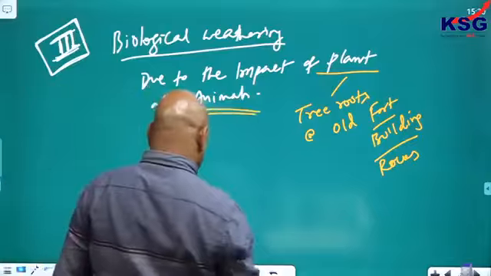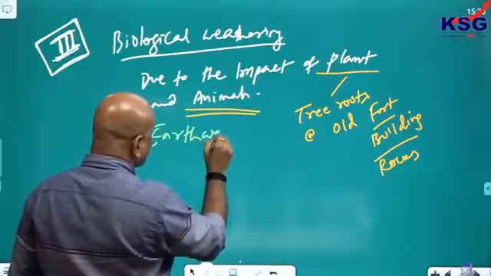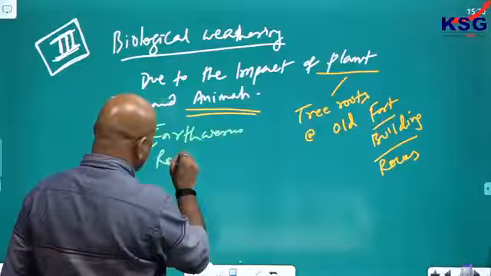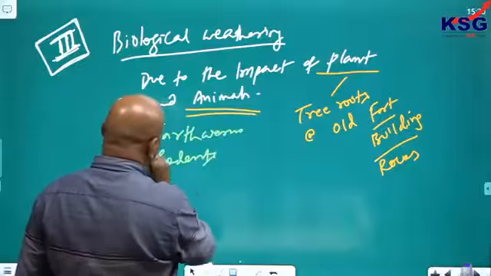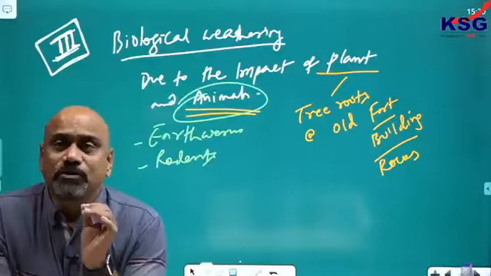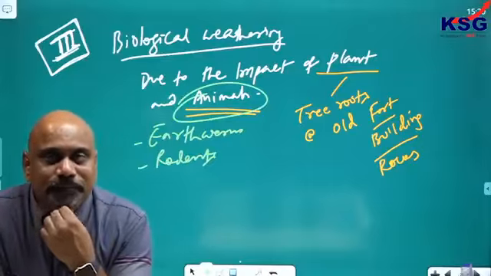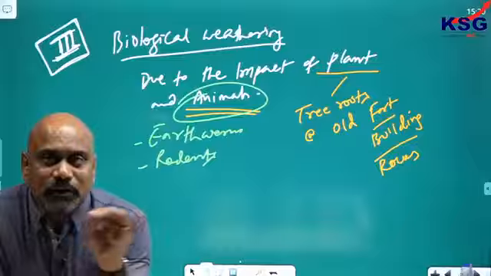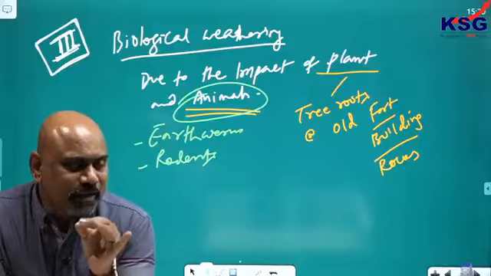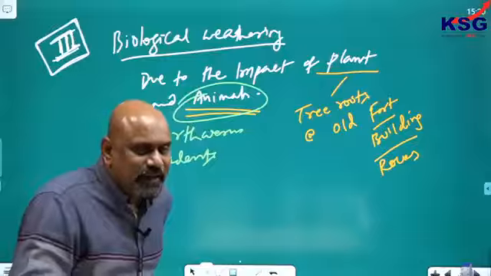Animals like earthworm, rodents, like rat and earthworm, wherever it is there, the pH value of the soil is different in that case.